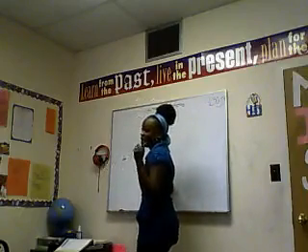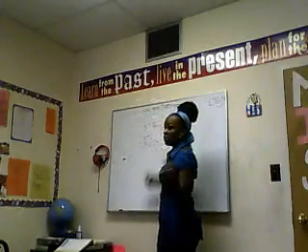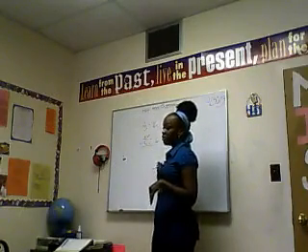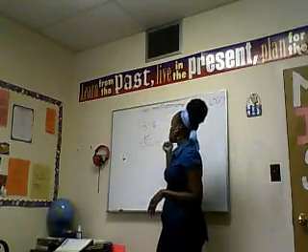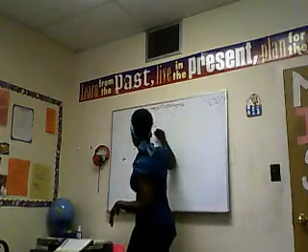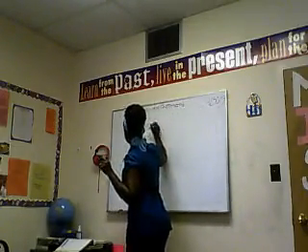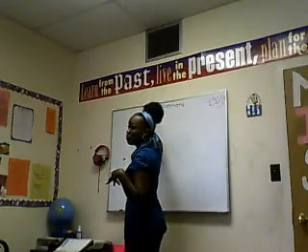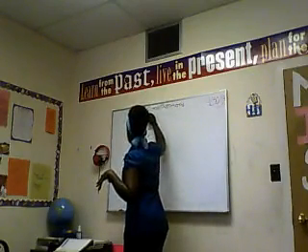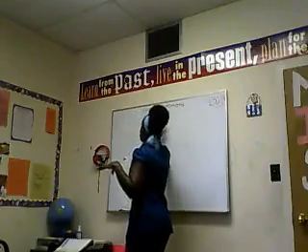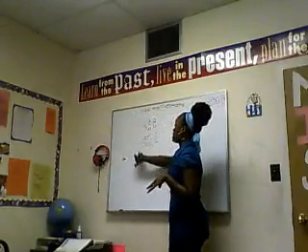Whatever I do to the denominator, I have to do the same thing to the numerator. So what's 5 times 1? 5. What times 3 gets me 6? And I have to do the same to the numerator. I have my answer right here, and just add.